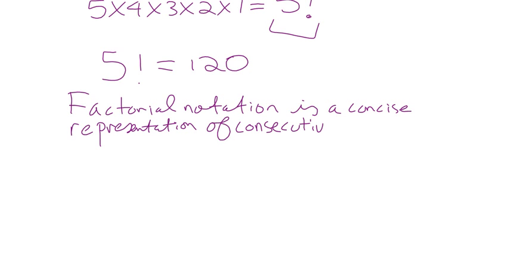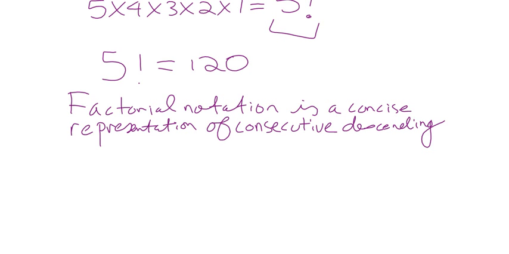Consecutive, it's got to be one after the other. Descending, going down. And natural numbers, because we think of it as an arrangement of objects. You can't arrange -2 objects. Objects are physical things. There has to be at least one of them if you're going to arrange them.